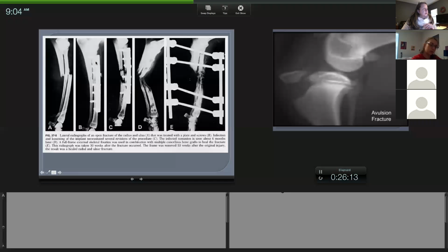They put a plate on, but you can look at C. When you see right here how it's starting to turn black, that's where infection started to set in, and it started to eat away at the bone healing. So right here we've lost bony continuity, and for letter C, it says the infected non-union, 6 months later.